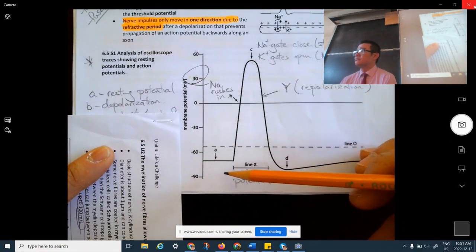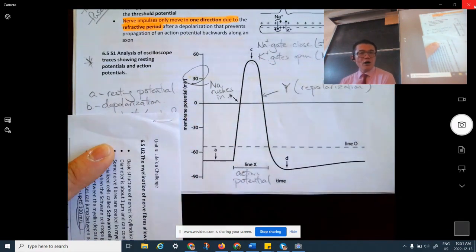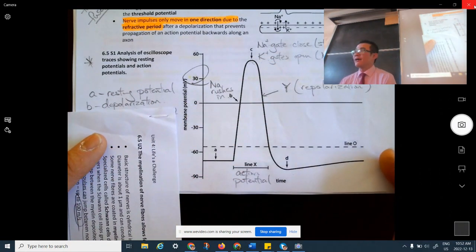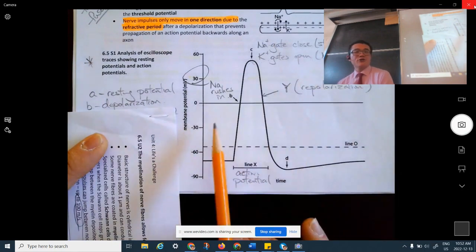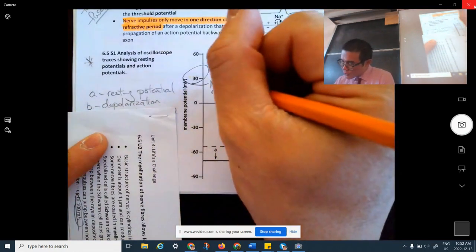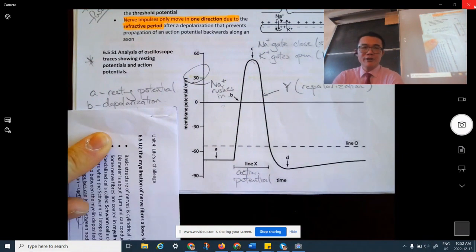Part B is called depolarization, and during depolarization, sodium ions will rush in. Make sure you add that information.